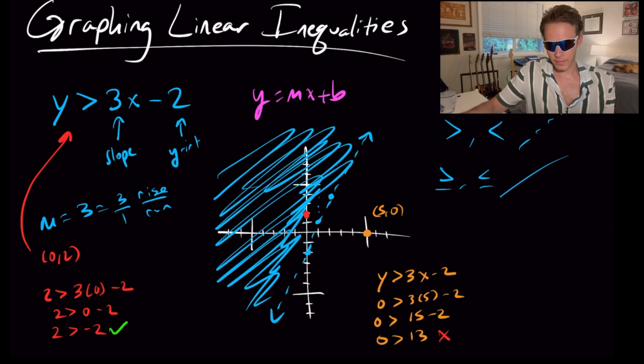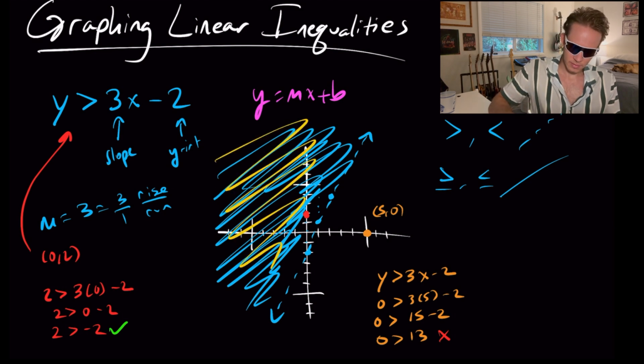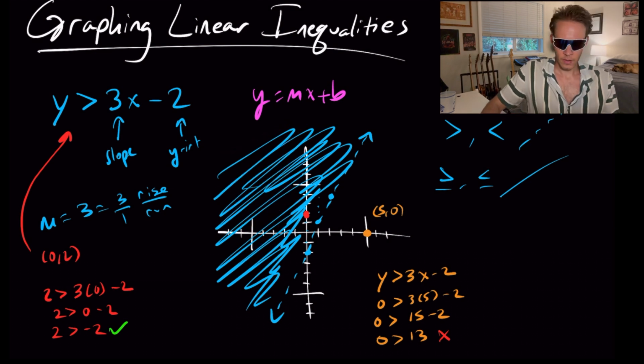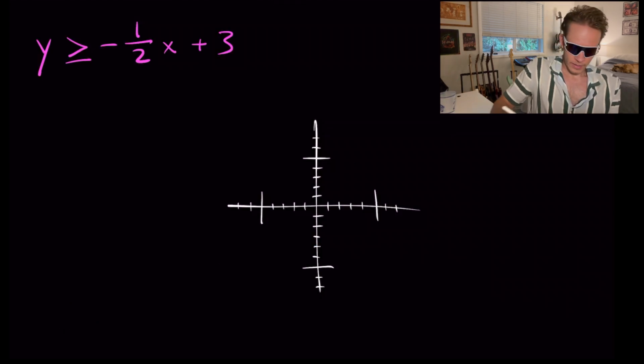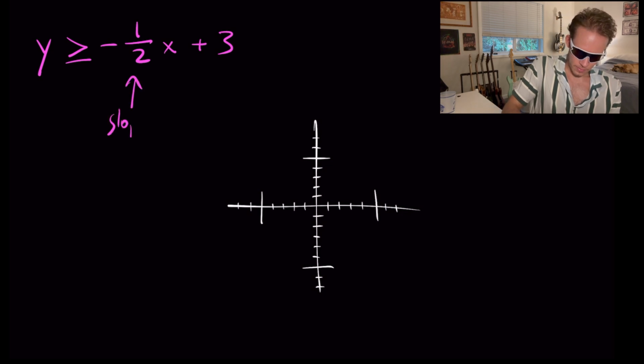So the point of graphing linear inequalities is just to show what range of values, or what set of possible points, i.e. that shaded region, are going to be actual solutions to your linear inequality. All right, again, here we have our slope, which is going to be negative 1 over 2.